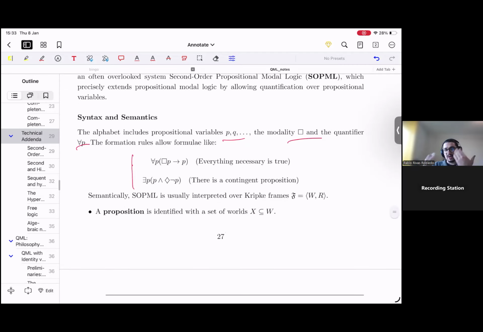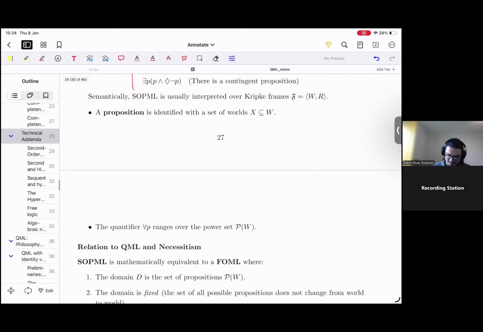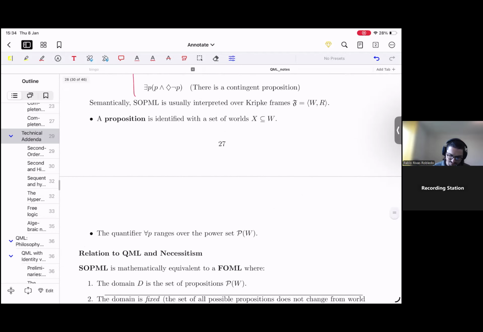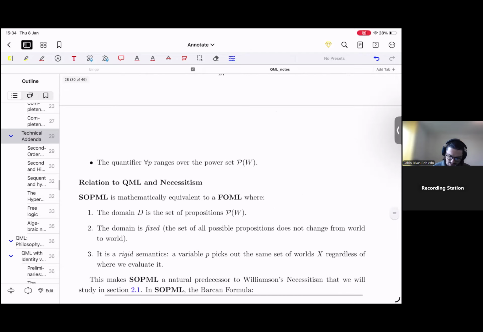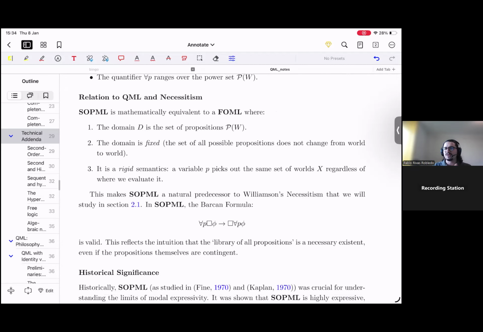With this, you can derive, you can have a semantics, which is basically, so you have your frames, and then you will have a model in which the domain is the set of propositions and it is fixed and it's a rich semantics. With this, you should be able to prove the Barcan formula for propositions and so on.